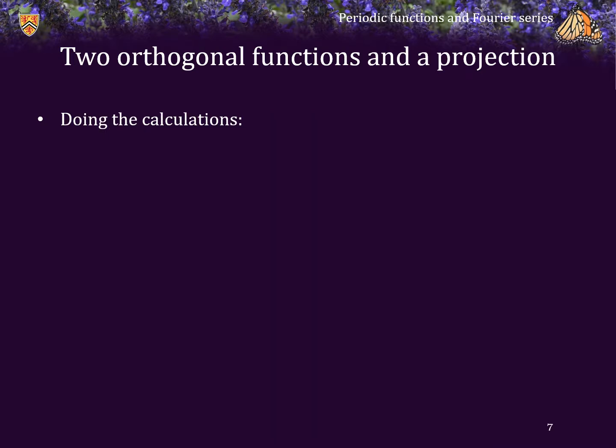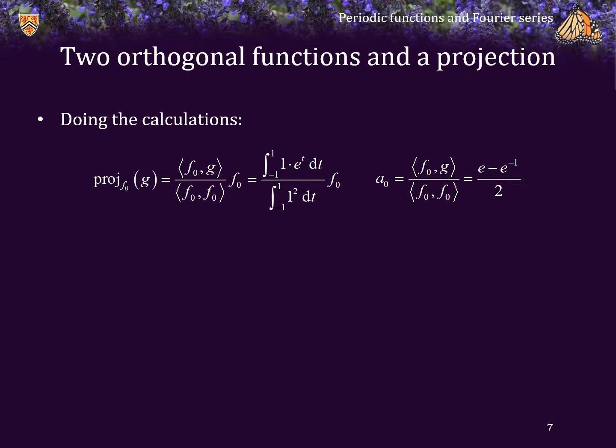So, doing the calculations, the projection of the periodic extension of e to the t onto the constant function is simply calculated as this ratio of integrals, and doing the math, we see that the coefficient a0 is just e minus the reciprocal of e all over 2.